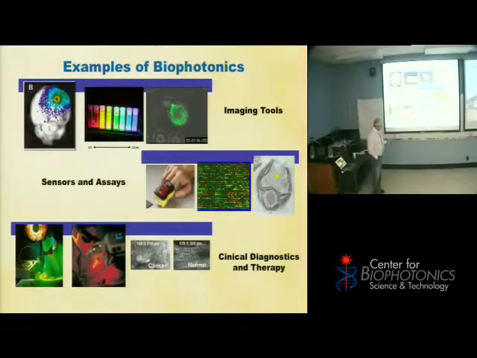This is an example of another area, and this is where the Roswell Park people will talk. This is someone performing what's called photodynamic therapy. In this particular case, they've injected a patient, who's not very visible here, with a photosensitizing drug. And this drug is supposed to be preferentially uptaken, if you like, into a tumor, because the tumor is very hungry.